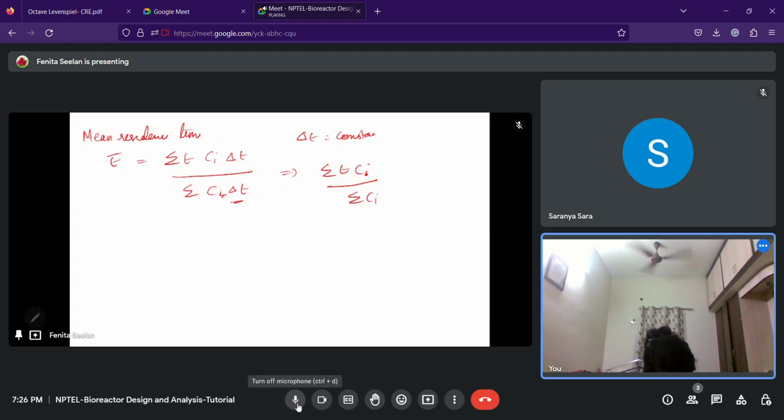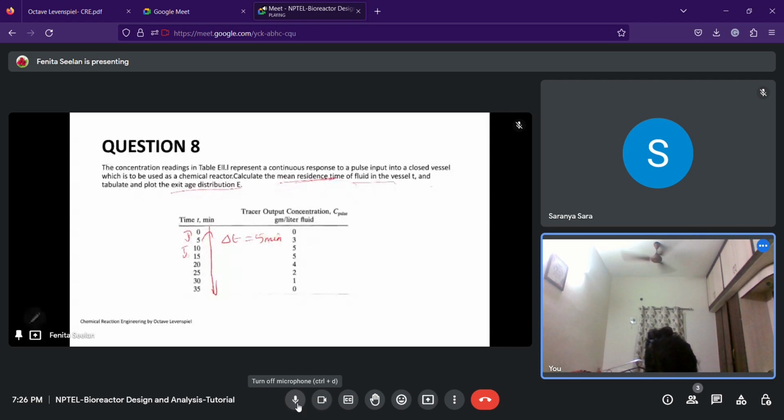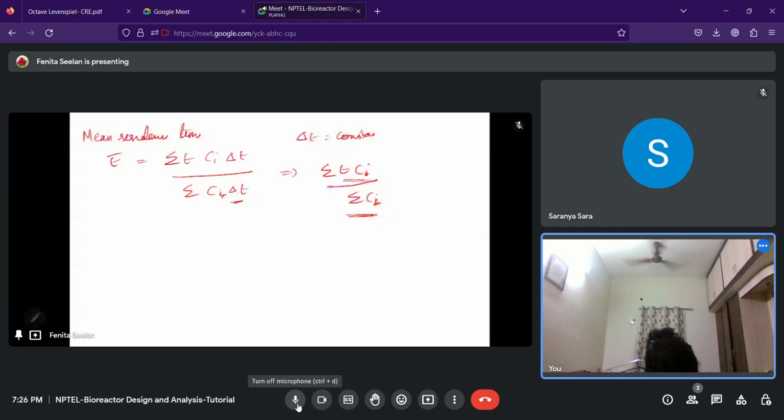In this, the time interval is given as del t, right? The del t is 5 because the interval between these two is 5 minutes. So let's keep your del t as 5 minutes.